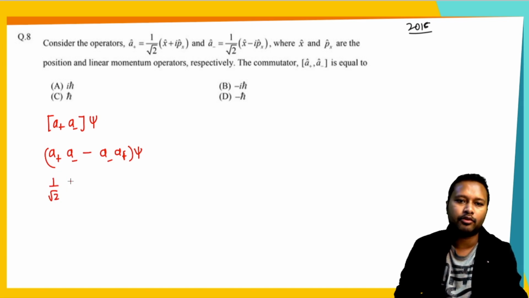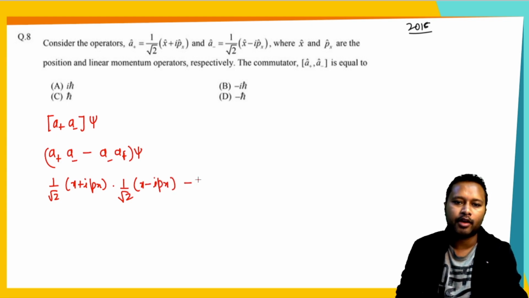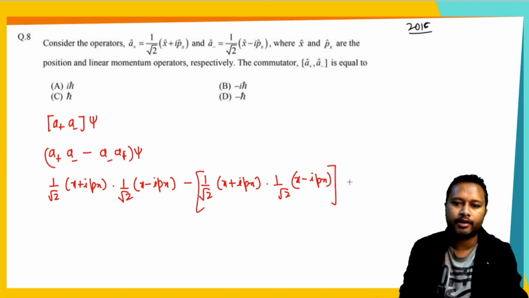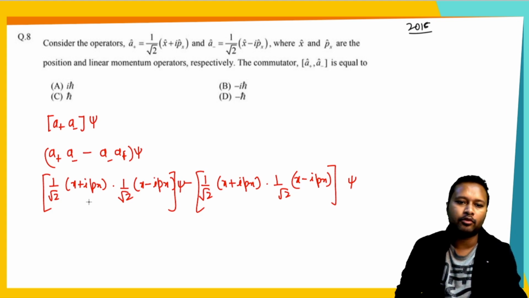So 1 upon root 2 times (x plus i px), multiplied by 1 upon root 2 times (x minus i px), minus 1 upon root 2 times (x minus i px) multiplied by 1 upon root 2 times (x plus i px). All right, this is what you have, and you have psi to operate on, on both these parts. So simply what you have to do is open the brackets now.